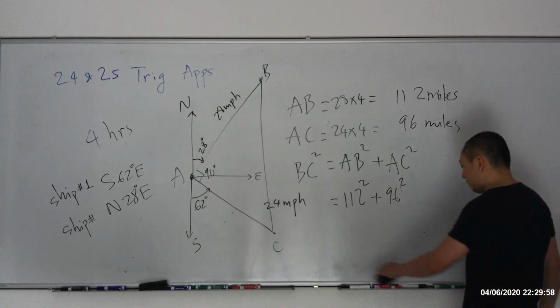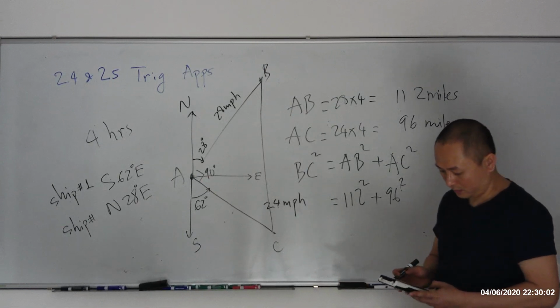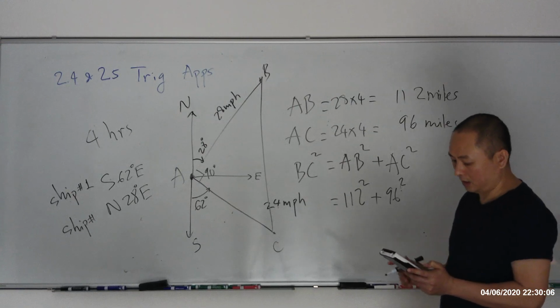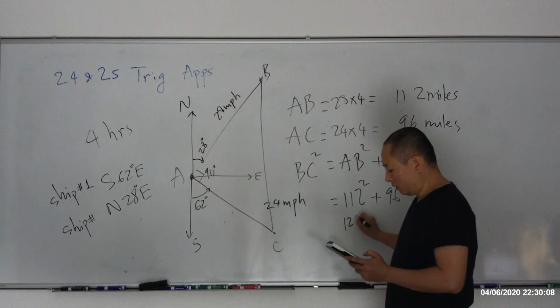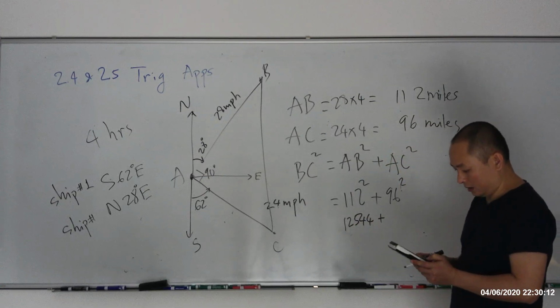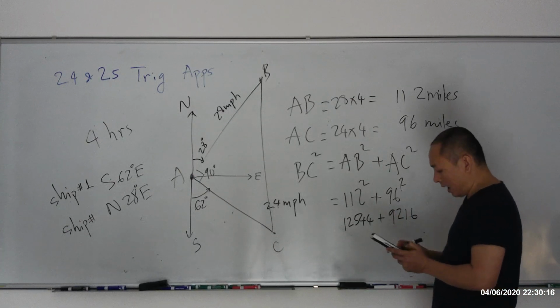Now use a calculator one more time. Let me help you with this. 112 squared is 12544. 96 squared is 9216. Add up.